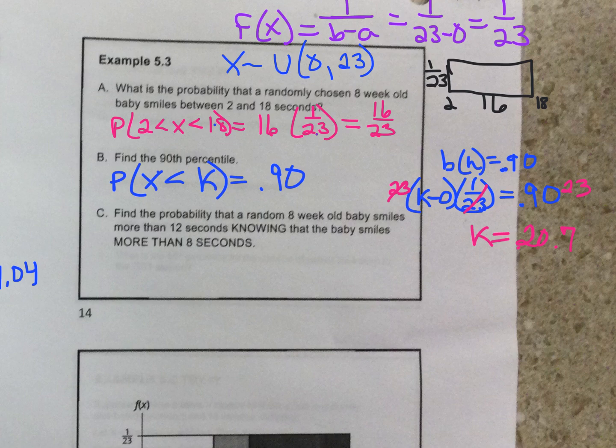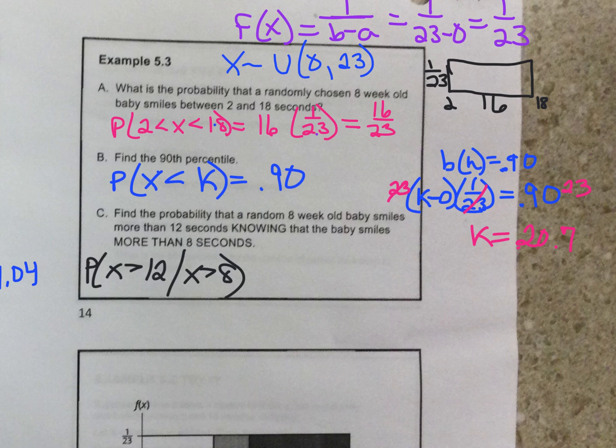Find the probability that a random 8-week-old baby smiles more than 12 seconds, knowing that the baby smiles more than 8 seconds. So find the probability that x is greater than 12 given x is greater than 8.